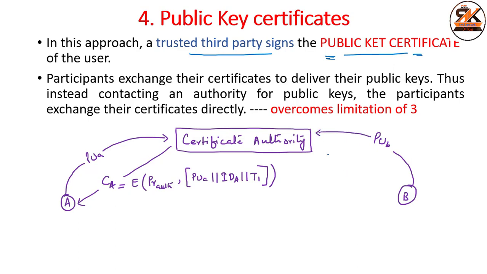Okay, and in response to this message, Bob will get a certificate, CB, Bob's certificate, and the CB is going to have the contents like this.